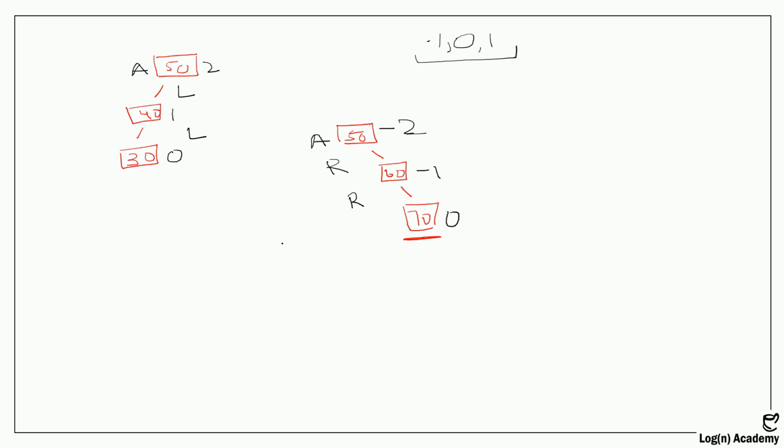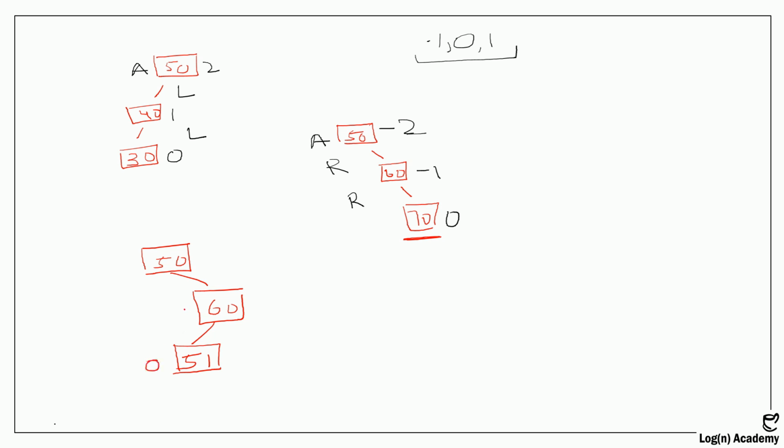Now we also have LR and RL. For RL, we have something like 50, and on the right hand side we have 60, and then we have something like 51. So this is the case for RL. Balance factor is 0.